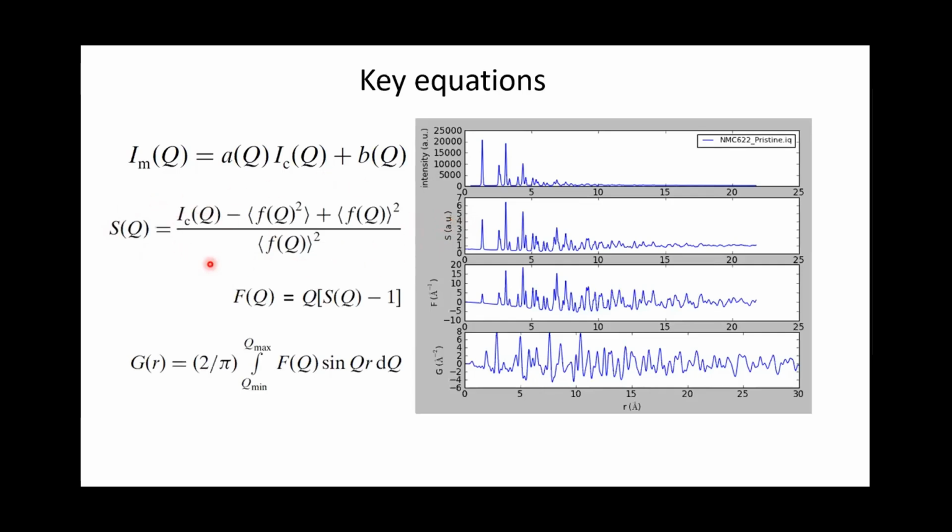And okay, I think I probably still better explain a little bit about these notations. So I_m stands for the measured one. This is the measured intensity, something you get from Fit2D. And this I_c(Q) is also intensity as a function of Q, and c stands for coherent.